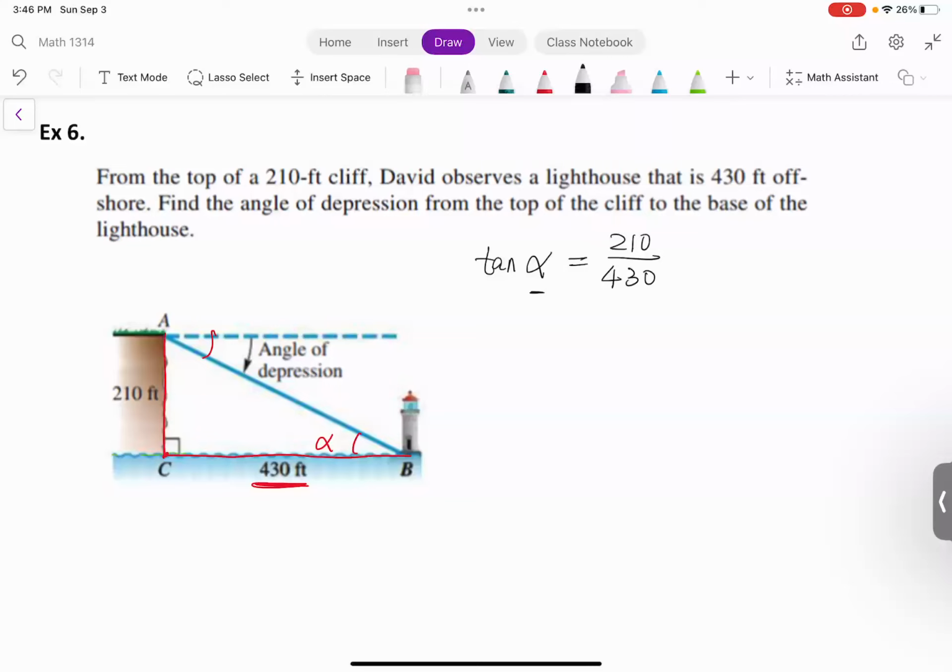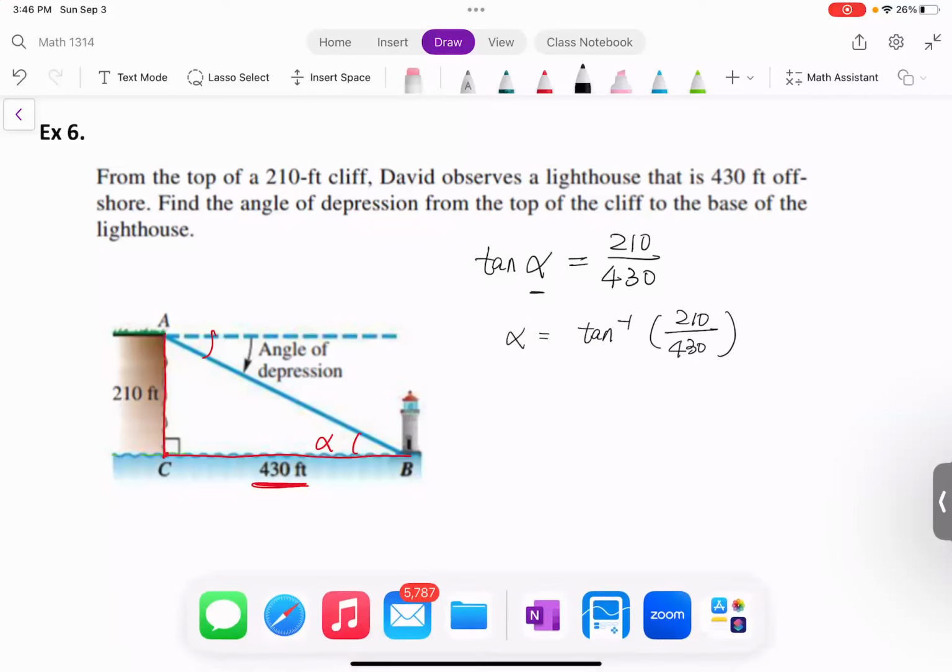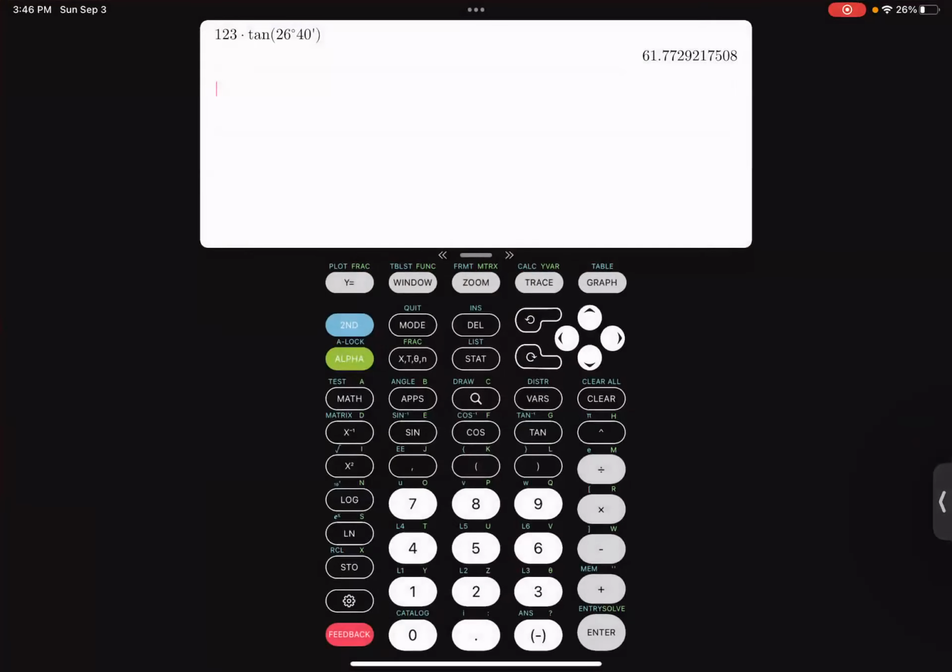So alpha equals inverse tangent of 210 over 430. Let's use our calculator: second tangent, 210 divided by 430, and then hit enter.